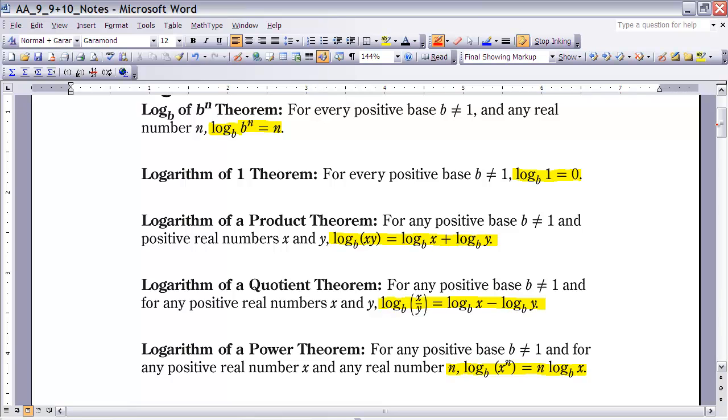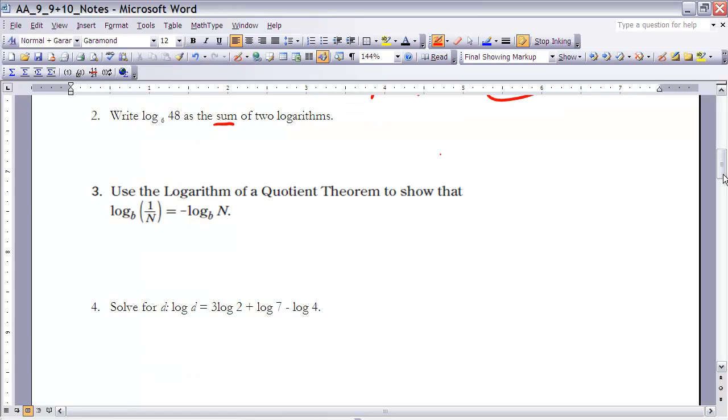So what I want to think about is that number 48, and how I could split 48 up into the product of two numbers, and then split that up as logs and use it as a sum. So if I have the log base 6 of 48, I can say that's the same as the log base 6 of, well, let's think about numbers that evenly multiply together to get 48.